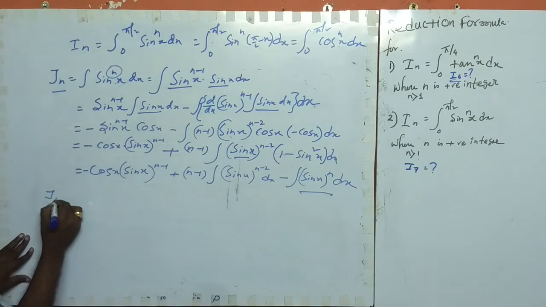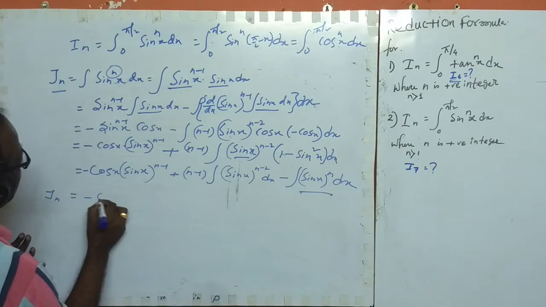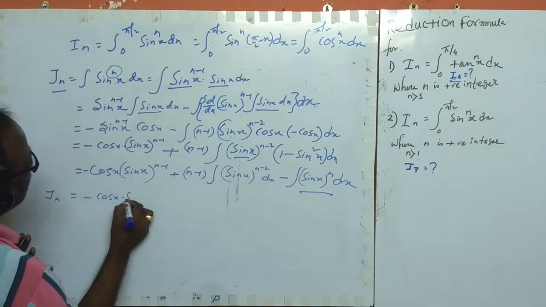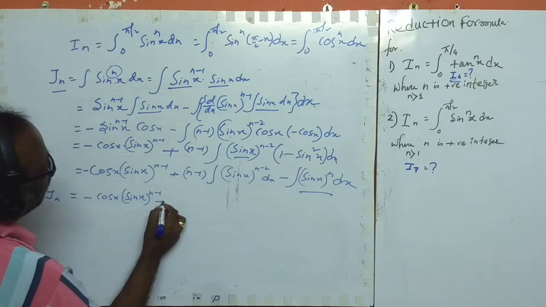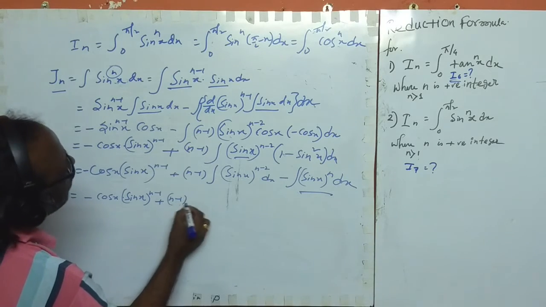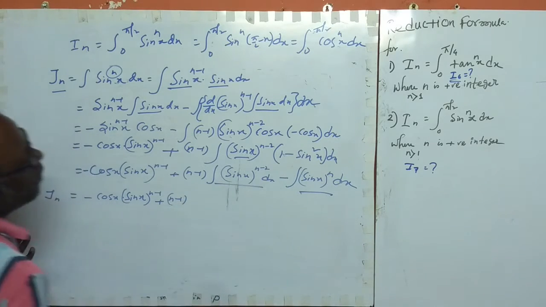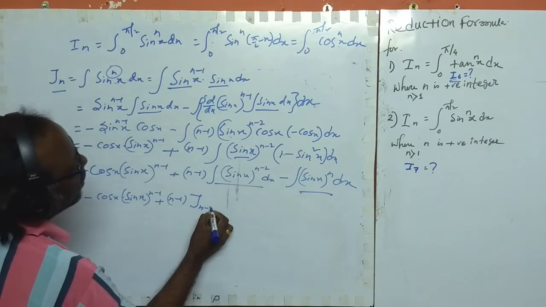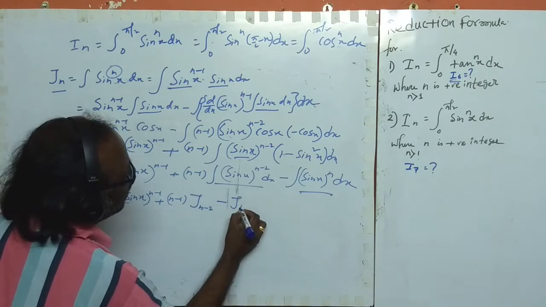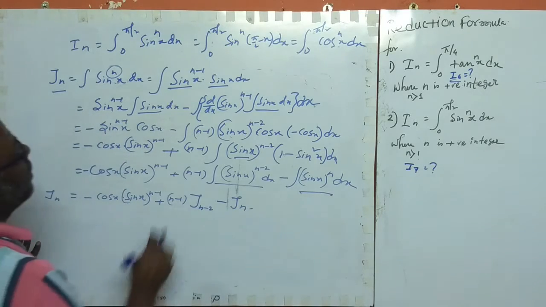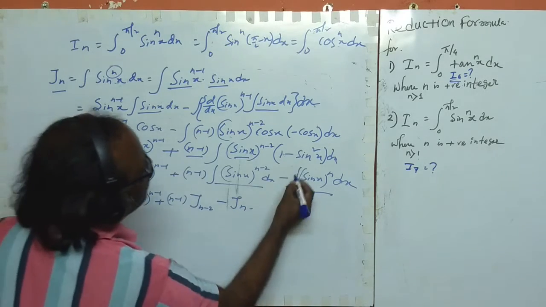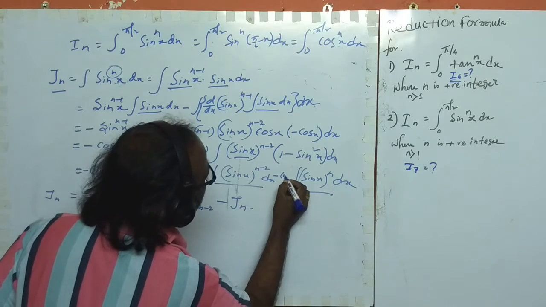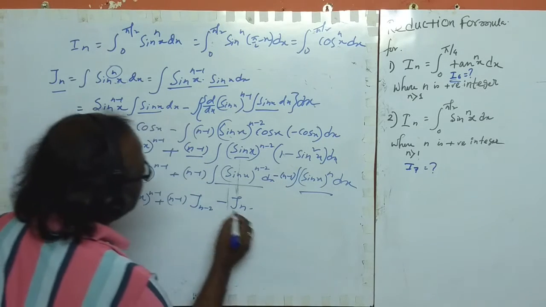So that's why Jn is equal to minus cos x into sin x to the power n minus 1 plus n minus 1, and this can also be noted like Jn minus 2 here, and this is Jn. These will be multiplied by this part, so the coefficient will be n minus 1 also here.